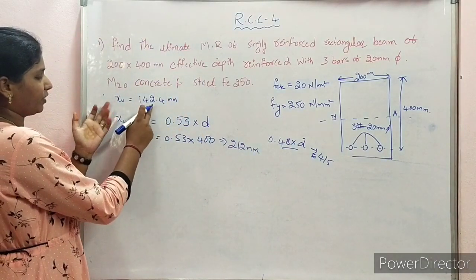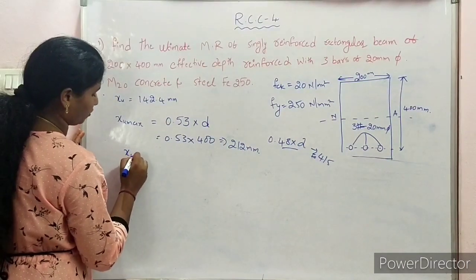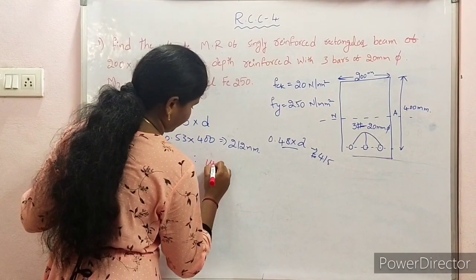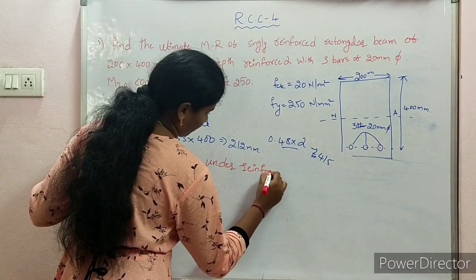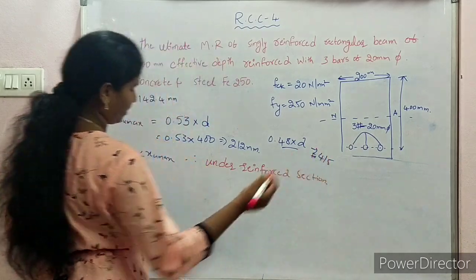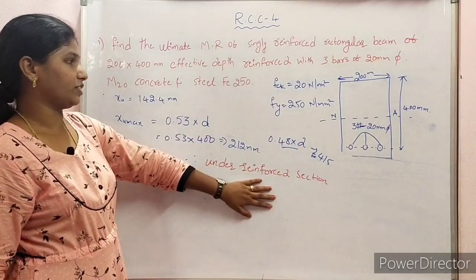XU is 142, XU maximum is 212. XU max is higher than XU, hence this is an under reinforced section.